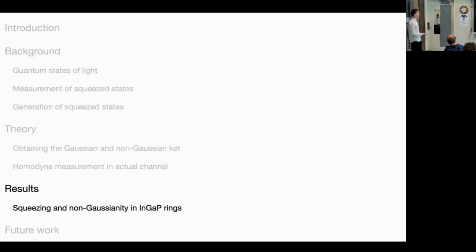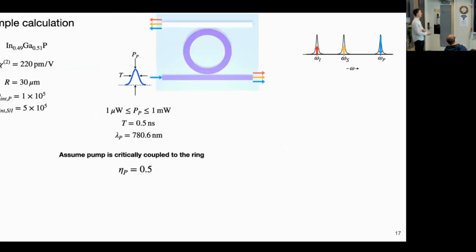Okay, so now I'll talk about some results. I'll show you results for squeezing, and then the non-Gaussianity we get for in-gap rings. So this is going to be my sample calculation. I'll choose a particular indium gallium phosphide material.